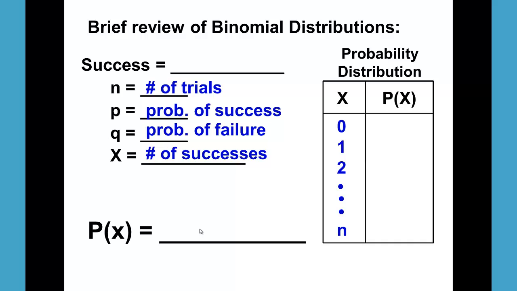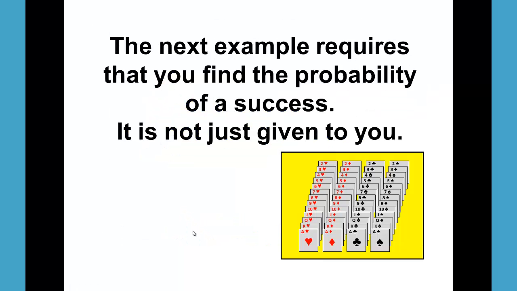And our formula, P of X, is given by nCx times P to the X times Q to the N minus X. Now, the next example requires that you find the probability of success. It is not just given to you.